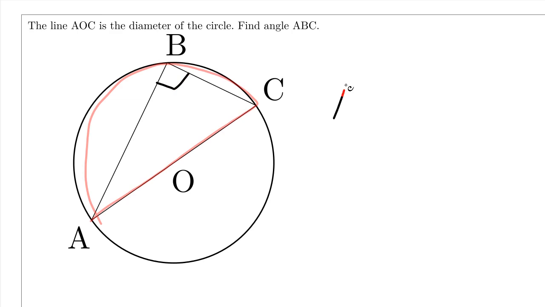That's all there is. Angle ABC is equal to 90 degrees. Of course, you'd have to give a reason, and that is an angle in a semicircle is a right angle. But there isn't any more working out to do.